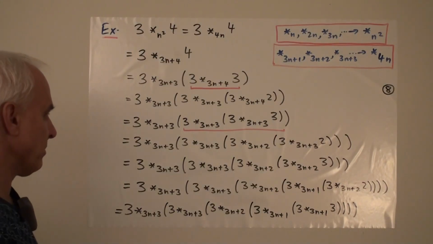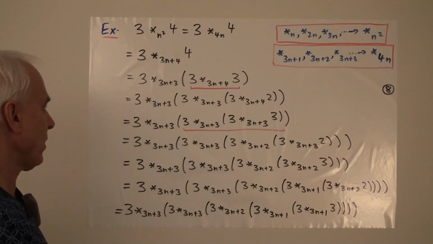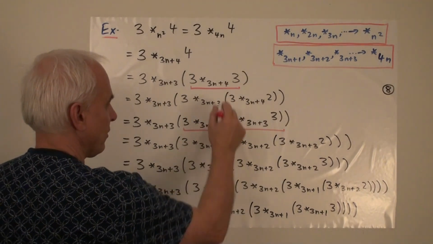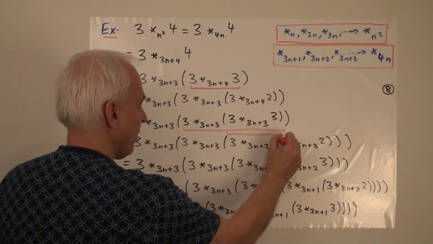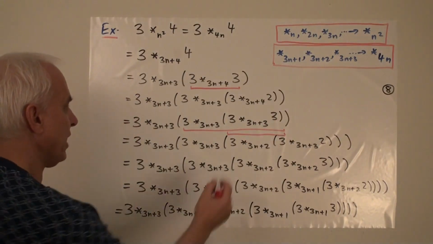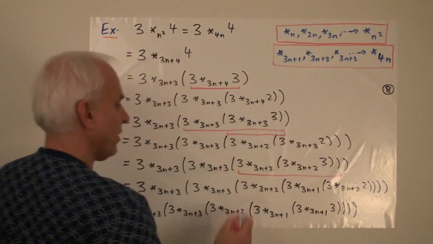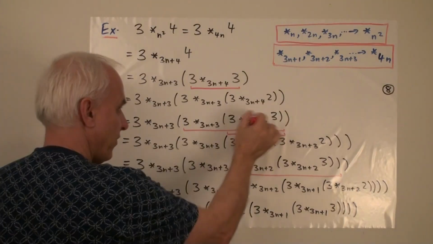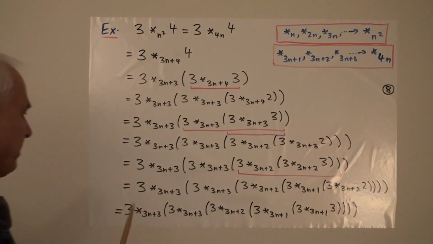So we might observe here that the same kind of thing that we had going from here to here is happening from here to here. If we look at this thing here, that one there is getting replaced 2 lines down with this thing here. So you can see the same pattern going from this one to those ones.